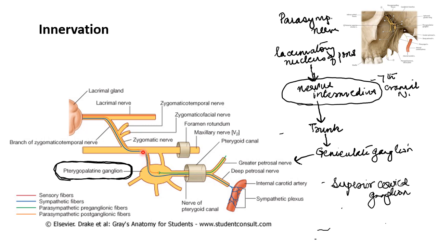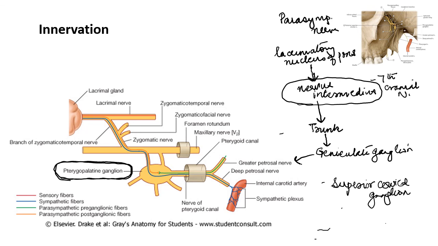They also travel via the maxillary nerve, through the zygomatic nerve, and ultimately reach the lacrimal gland, where they innervate the blood vessels and regulate the blood flow which is reaching this particular gland, the blood flow which is coming via branches of the ophthalmic artery.